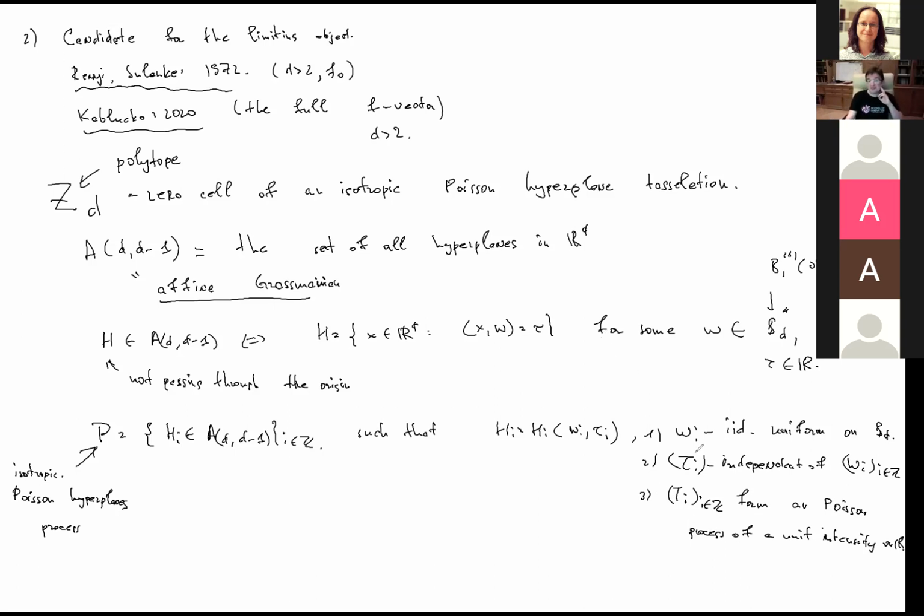Independently of this process, we take a uniform sample on a sphere representing directions of our hyperplanes, and we obtain a countable collection of hyperplanes, right?